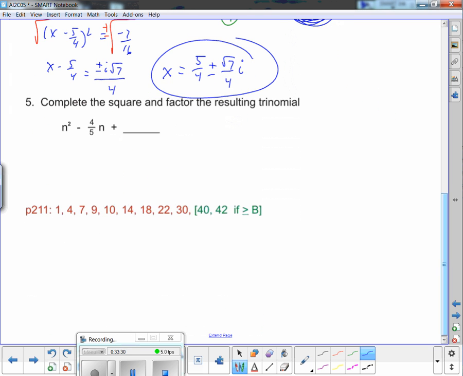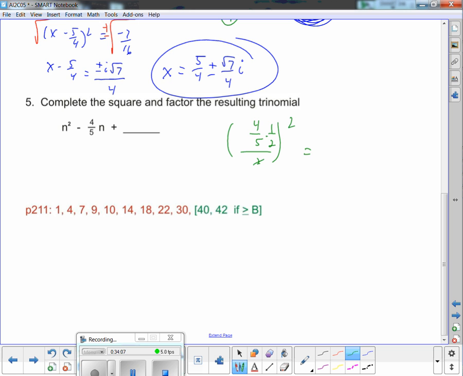All right, last one, number 5. If you just had to complete the square in this thing, so again, what would be a 4/5 divided by 2 quantity squared? If you think of it like this, it's a little bit easier. Dividing by 2 is the same as multiplying by a half.